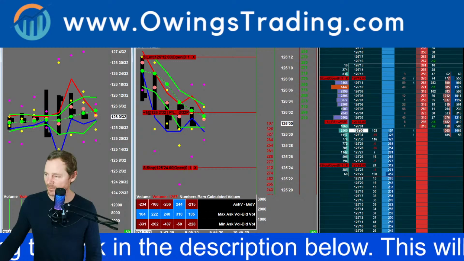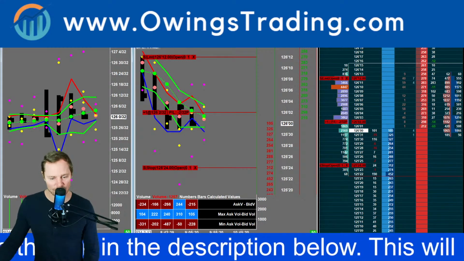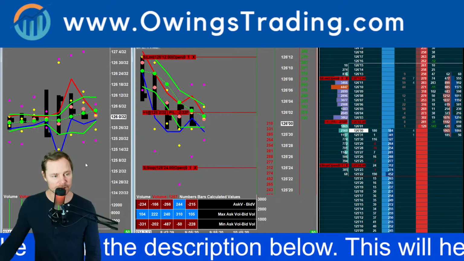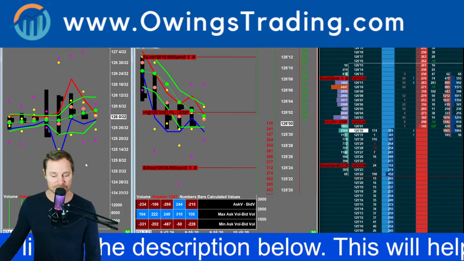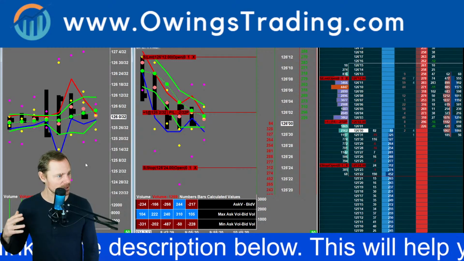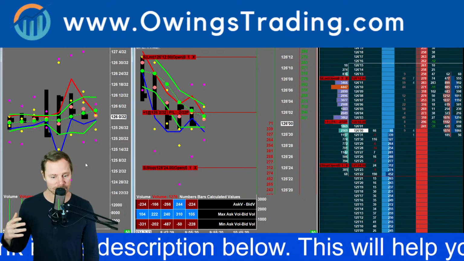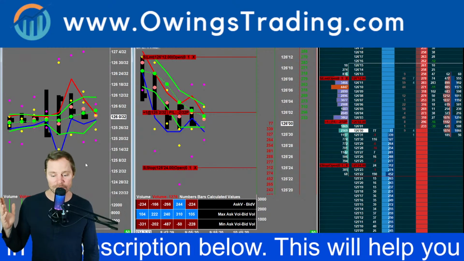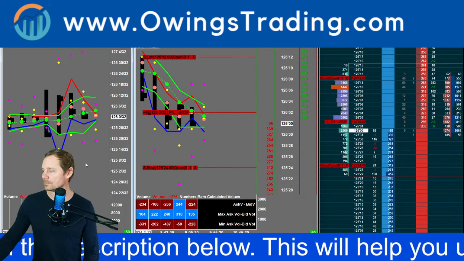Kind of the line in the sand for me. If it gets down there and looks like it wants to hold, that's where I could potentially put on another contract. And if it starts to break, I'll just bail on the one contract. But so far, we're just testing the copy trader here inside Sierra Chart, and it looks to be copying across these accounts accurately so far. So that's a good sign.